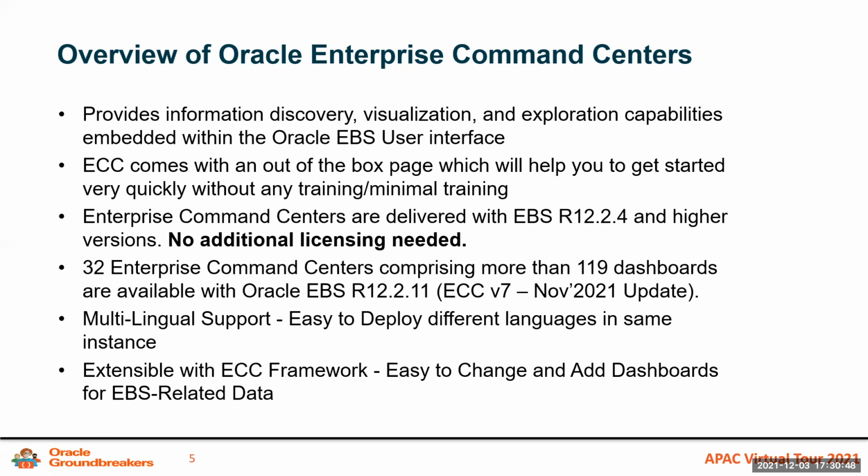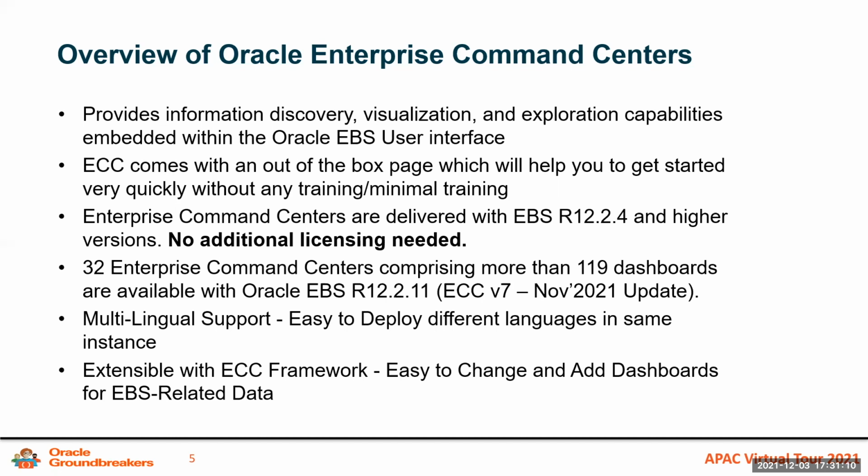Oracle has released so far 32 enterprise command centers comprising more than 119 dashboards, with the latest release of Oracle EBS release 12.2.11. That is ECC version 7. For EBS, Oracle releases one release every year.